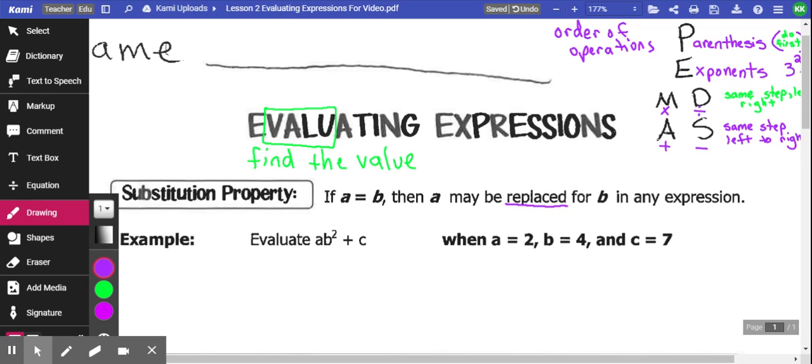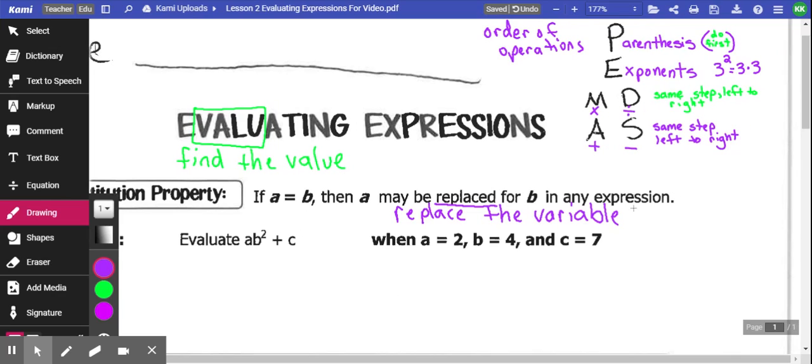What we will be doing is we will replace the variable with a number. So we're going to replace whatever they tell us the variable is, with some number. Whatever they tell us the number is.